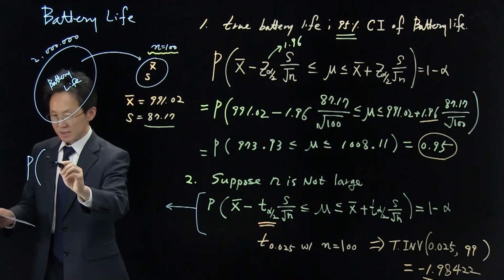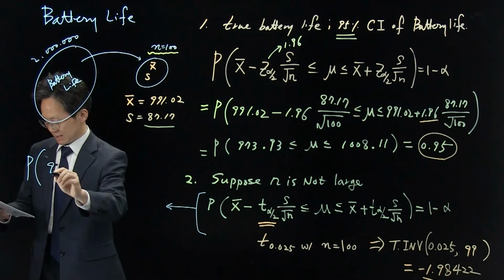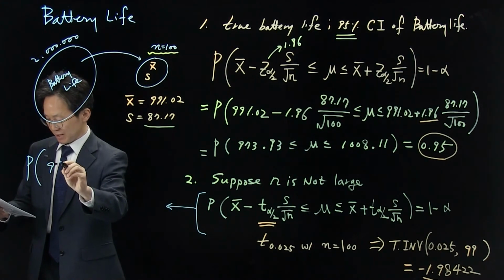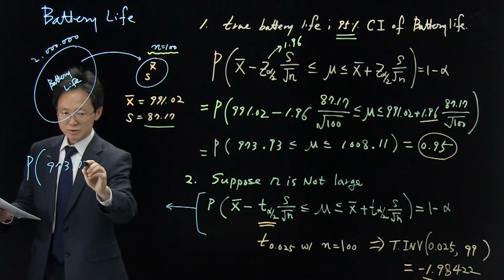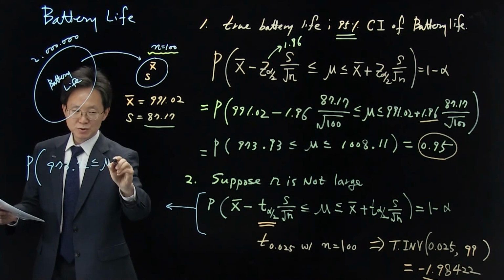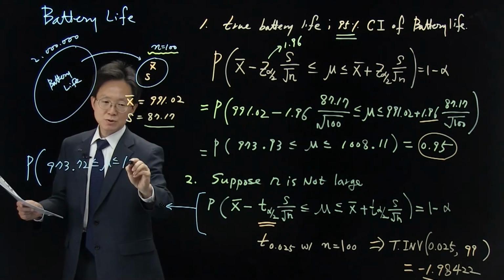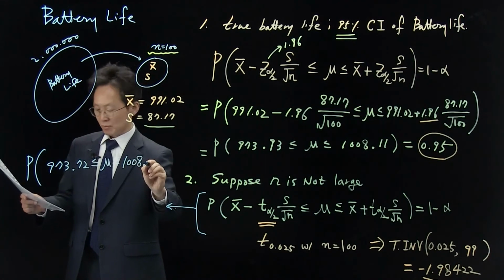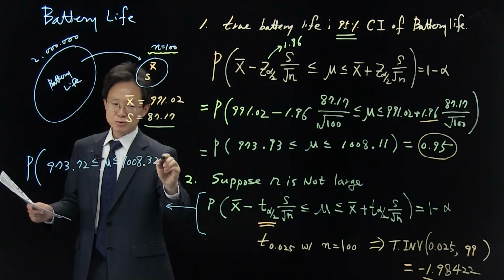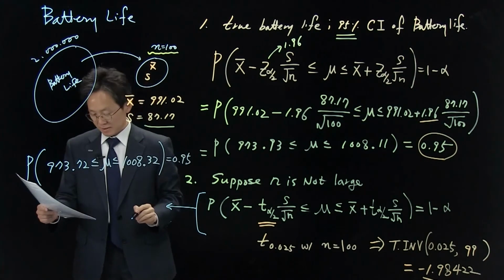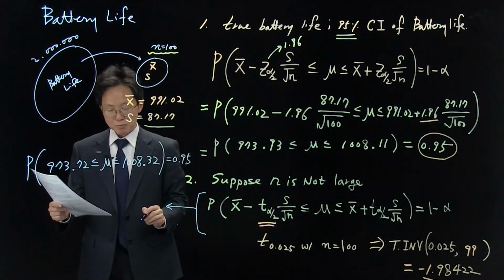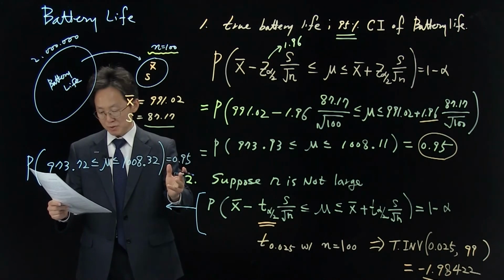And if you do that, what happens is that the probability that the true value mu is between 973.72 and 1008.32 is going to be 0.95, in other words 95%.